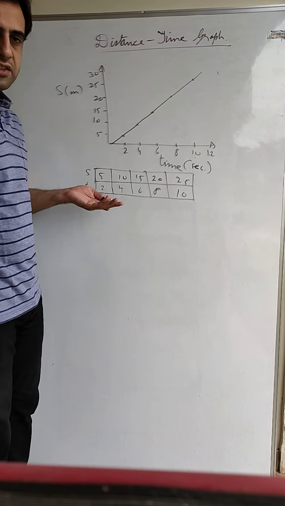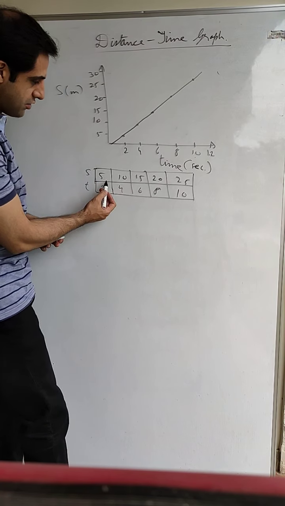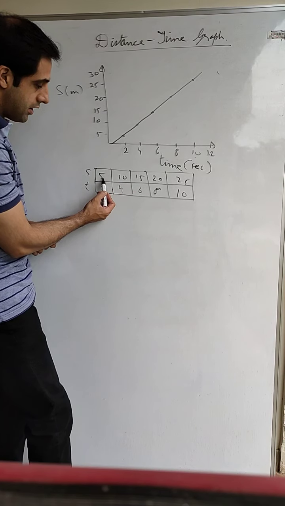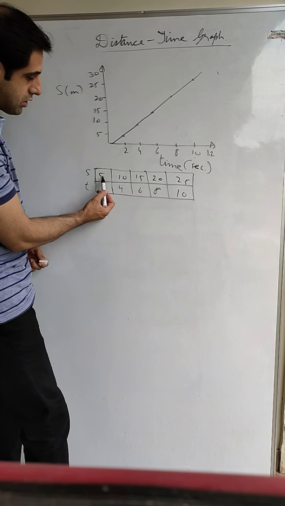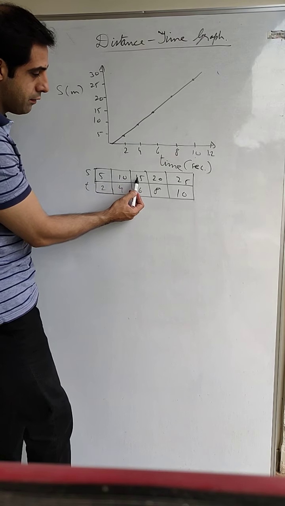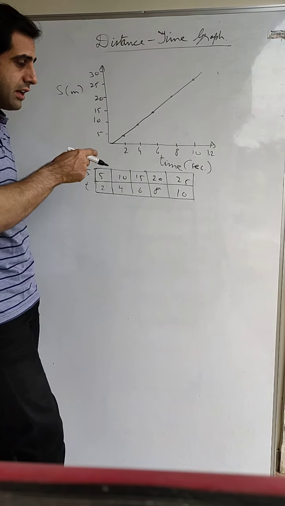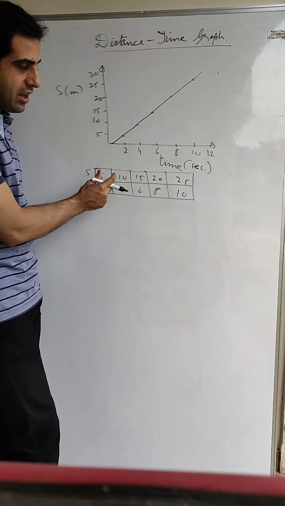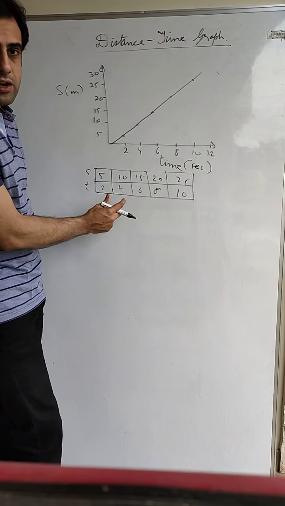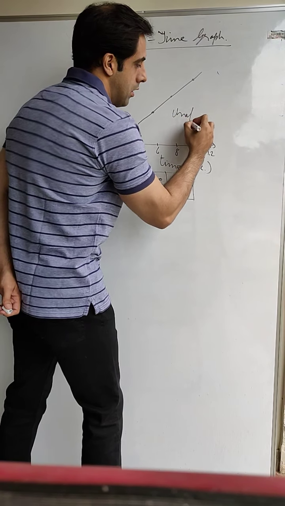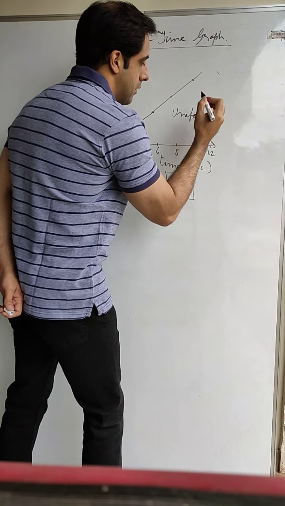Okay. What does this straight line mean? As you can see, the time intervals are equal and the distance interval is also equal: 5, 10, 15, 20, 25. There is an interval of 5 meters each. That means in this motion the body is covering equal distances in equal intervals of time. So what kind of motion is this? This is your uniform motion.